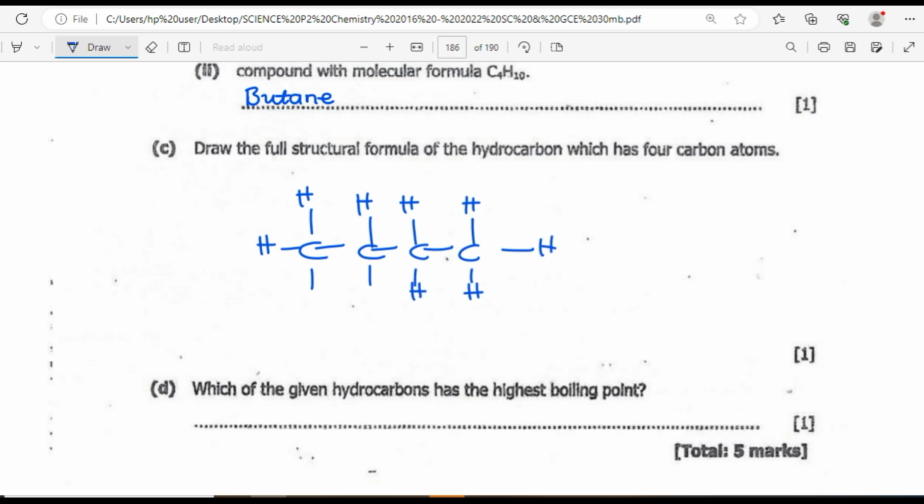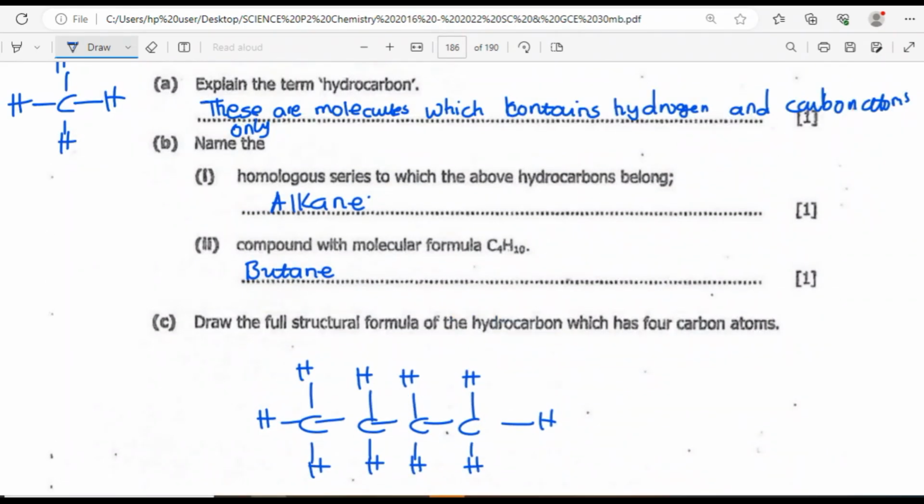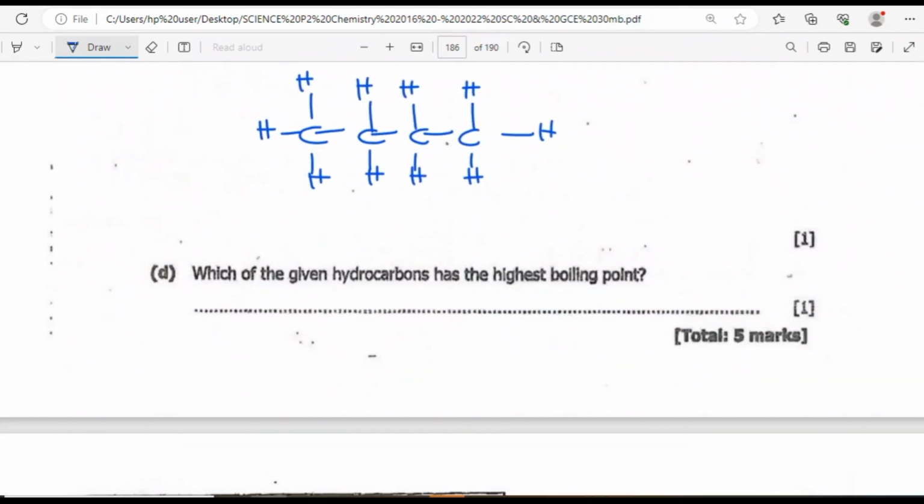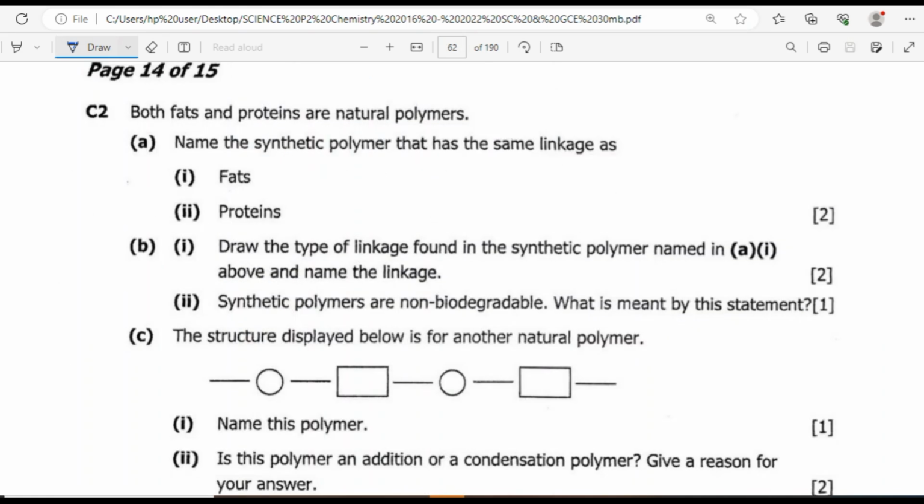Which of the given hydrocarbons has the highest boiling point? So for you to determine the highest boiling point, you just have to look at the one with the highest number of carbon atoms, which is this one. So C10H22.